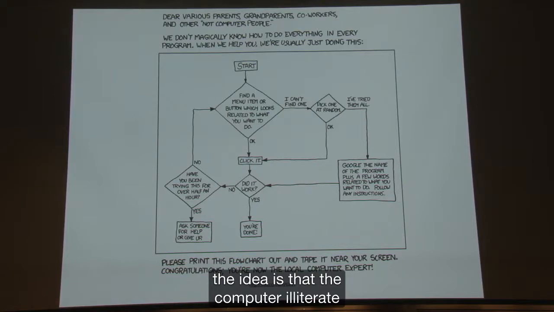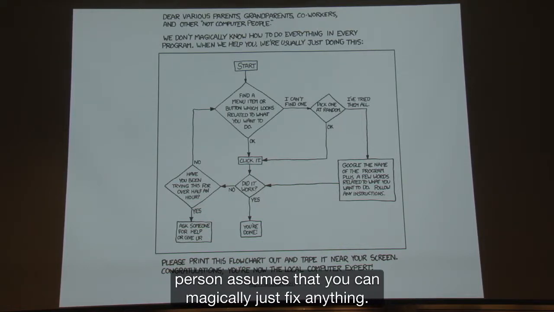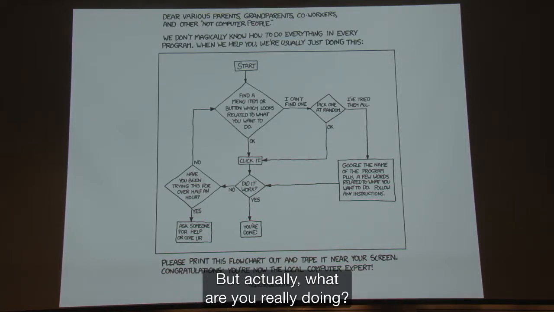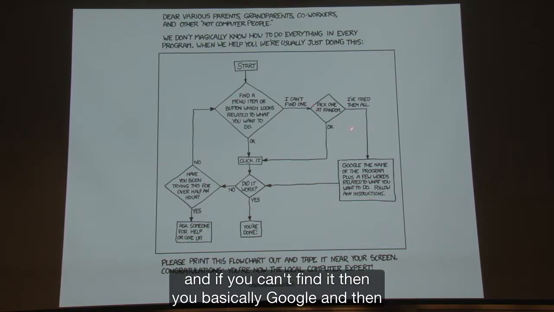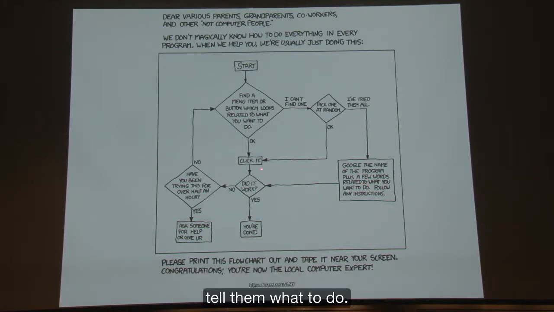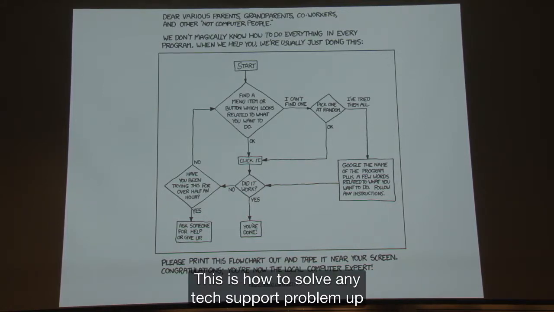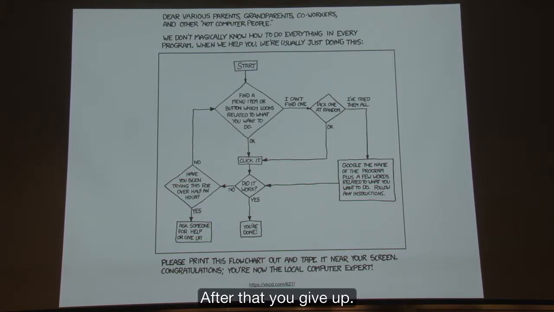And I guess the idea is that the computer illiterate person assumes that you can magically just fix anything, but actually what are you really doing? You're basically looking for a menu item which is related, and then if you can't find it, then you basically Google and then tell them what to do. Did it work? No, yes, no, blah, blah. All right, so it's a decision tree. This is how to solve any tech support problem. Up to half an hour. After that, you give up.